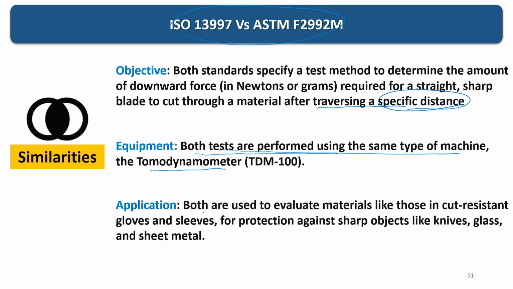Both these standards are used to evaluate materials like those in cut resistant gloves or sleeves for protection against sharp objects like knives, glass, and sheet metals. And this is basically a slow motion quasi-static method.